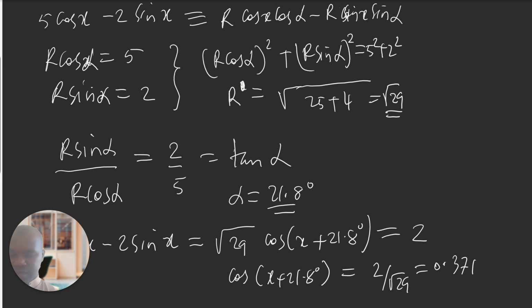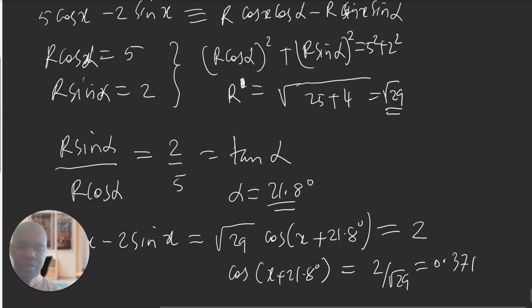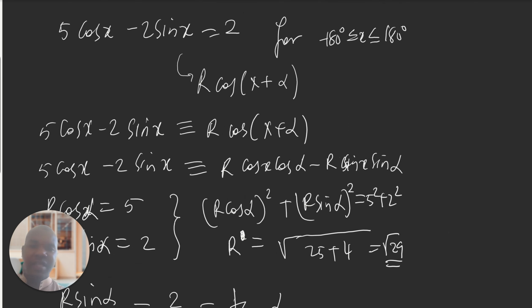Shift cosine, so we get x plus 21.8 degrees equal to 68.2. But remember the interval we were given, from negative 180 to positive 180.